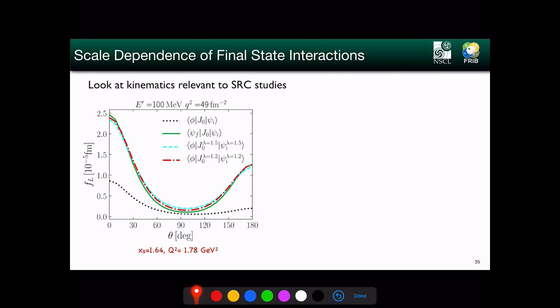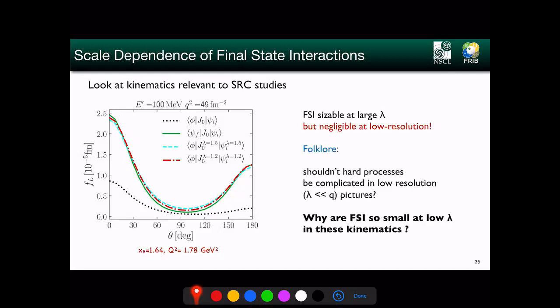And of course, it's a disaster there. But then the cyan and the blue show what happens if, in the RG evolved theory, you ignore the final state interactions. And there you see that the import of final state interactions is very minimal.